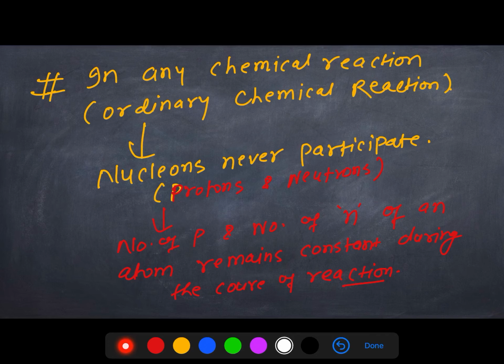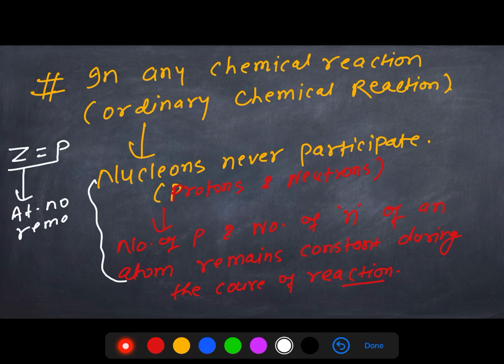Their number changes just in the case of a nuclear reaction. As the name suggests, nuclear reaction means the nucleus participates. Nucleus participates means whoever lives in the nucleus, they are protons and neutrons, right? So keep in mind, in normal, ordinary reactions, the nucleus never participates there, right? Okay, so did you understand that if the number of protons and neutrons are not changing, and we know that atomic number is equal to the number of protons, can we also say that atomic number remains constant?